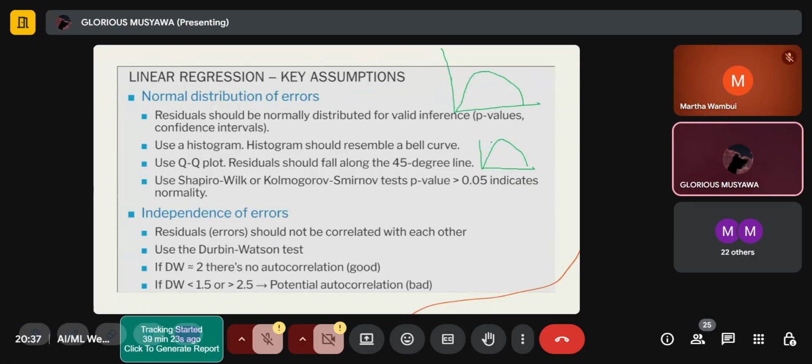So the majority of students lie here. This is like the average. Then we have, let's say, the top and the bottom, depending on what we're checking. So this is a normal distribution curve. So the errors for a linear regression are normally distributed.